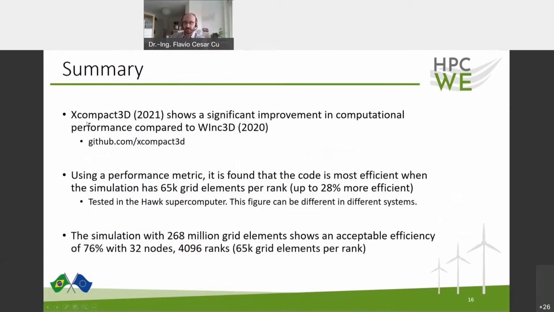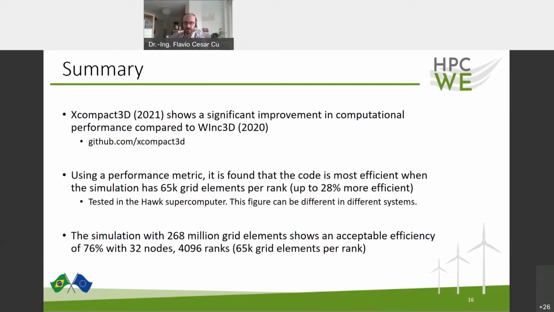The summary from this scalability test is that the new version, XCompact 3D, showed a significant improvement in computational performance compared to the old one. Using a performance metric, we have found that the code is most efficient when using these 65,000 grid elements per rank, which is up to 28% more efficient than using other grid sizes.